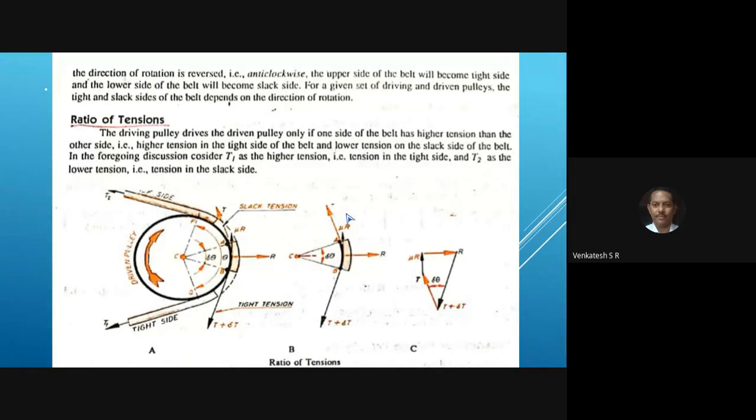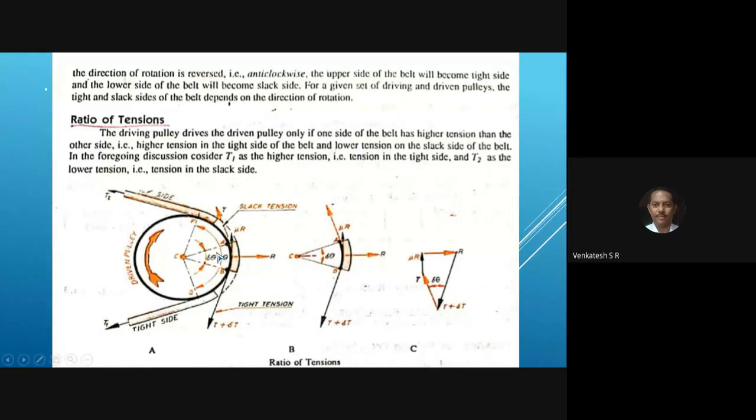Write down the explanation for this. This is the slack side, this is the tight side. As the belt moves in the clockwise direction, the tension exerts on the pulley on the slack side and the tight side.